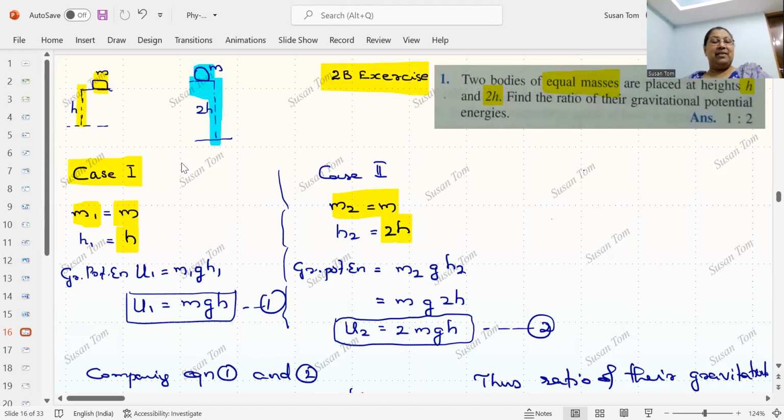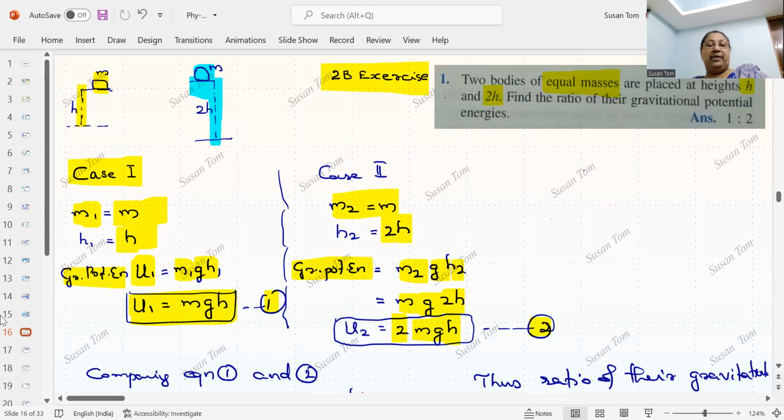Two cases you develop. Gravitational potential energy U1 = m1 g h1 = m g h, M into G into H. Keep it as equation number 1. Second one, gravitational potential energy m2 g h2 = m g 2h, that is 2 mgh. Keep it as equation number 2.